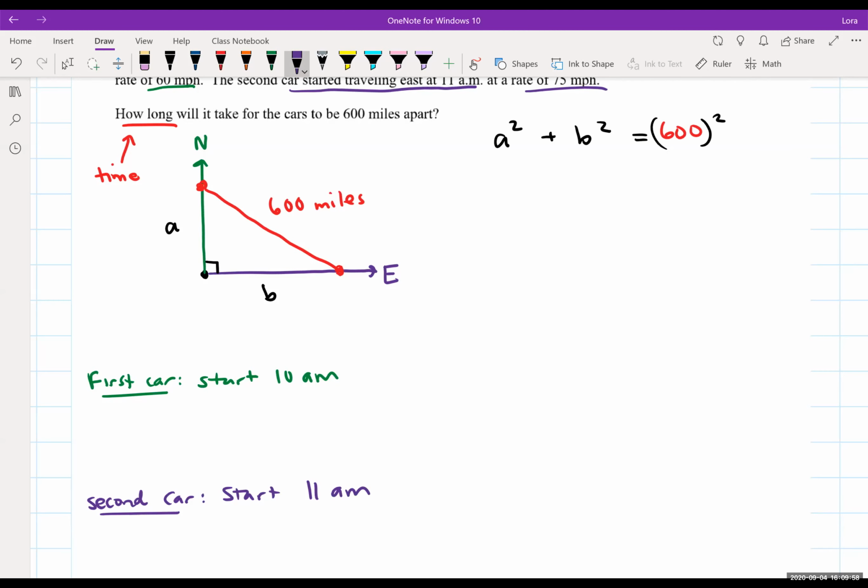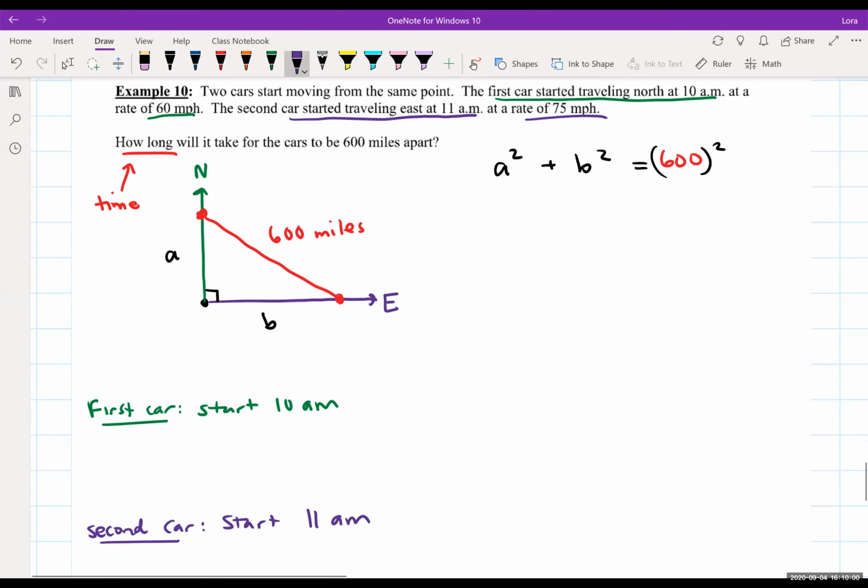So before we get into specifics, they didn't tell us how long they've been on the road, but we do have an idea just by the times that one car has been on the road longer than the other. And if you want to guess, who is it? If you said first car, you were right. Started at 10 a.m., it's been driving longer.